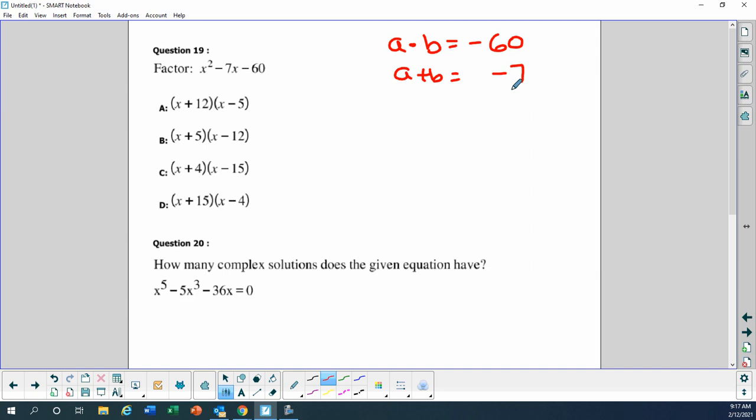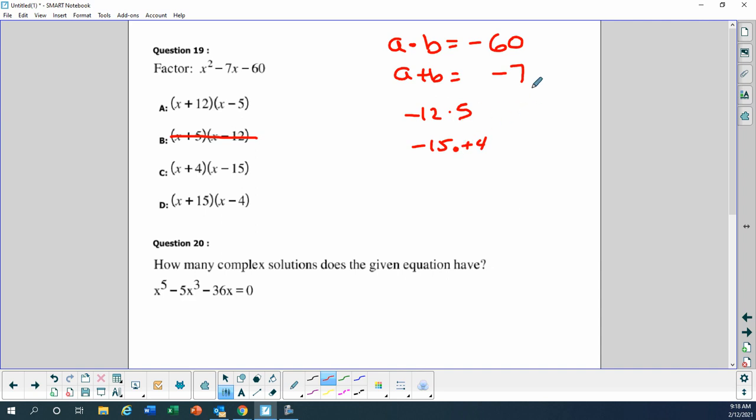Since the sum needs to be negative, my larger number needs to be negative. Is it between negative 12 times positive 5? Or is it between negative 15 times positive 4?